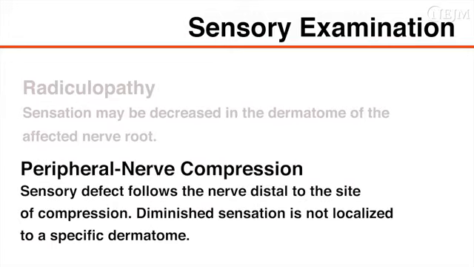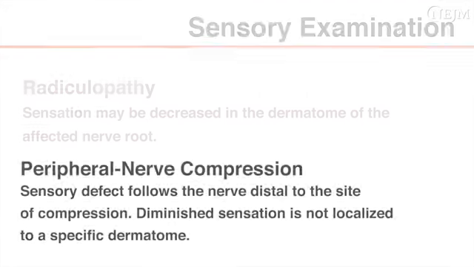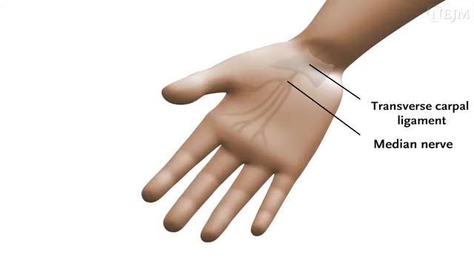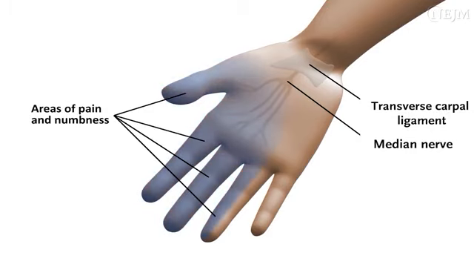In patients with radiculopathy, sensation may be decreased in the dermatome of the affected nerve root. However, in patients with peripheral nerve compression, the sensory defect follows the pattern of the nerve distal to the site of compression. For example, in carpal tunnel syndrome, symptoms will be isolated to the median nerve in the hand, including atrophy of the thenar eminence.